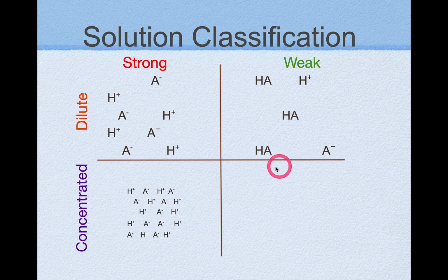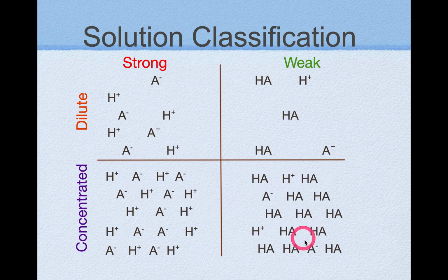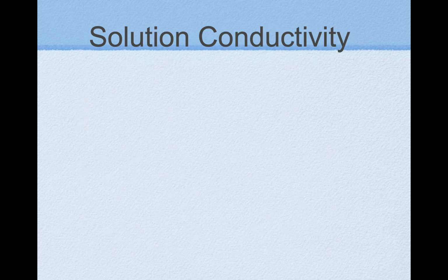If it's concentrated, we just have more inside the same volume. Strong means completely separated, and weak means a lot of HAs all around and very few separated molecules. So that's the difference between concentrated and strong, and weak and dilute, in terms of acidic solutions.